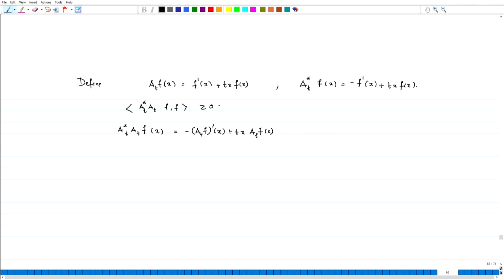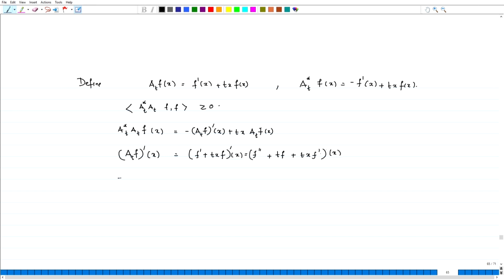So, we will just take the derivative. What is A t of f prime at x? This is equal to f prime plus t x f whole prime, which is equal to f double prime plus t f, derivative with respect to x, plus t x f prime.